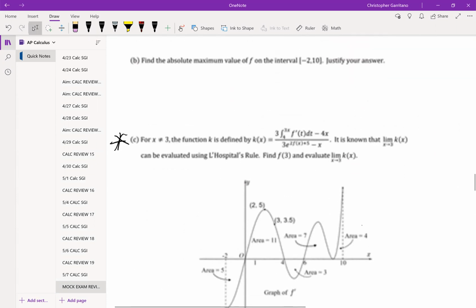So we have a function and we are given the information that this limit can be evaluated using L'Hopital's rule. What does that mean exactly?